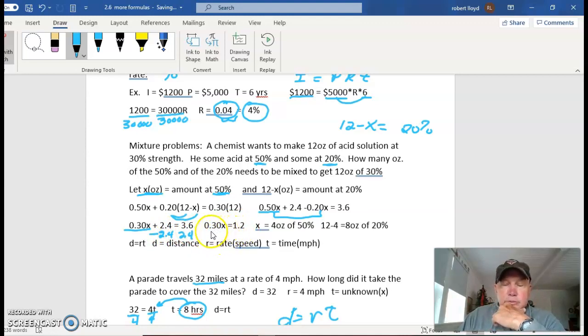And we end up with 0.30x equals 1.2. Divide both sides by 0.30. And then x equals 4 ounces at 50%. And then we said the amount at 20 was 12 minus the 4 right here. So that equals 8 ounces.